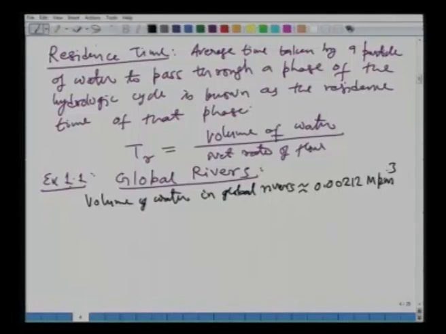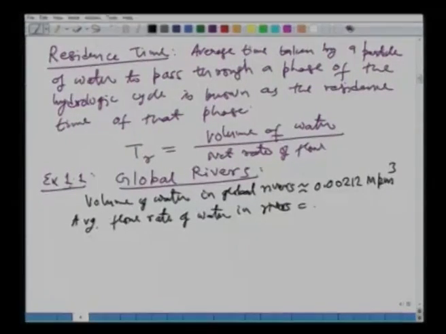Okay. And these numbers I am taking are from United Nations approximations, and we will look at them a little later. The average flow rate which has been estimated of water in the global rivers is approximately 44,700 kilometer cubed per year.